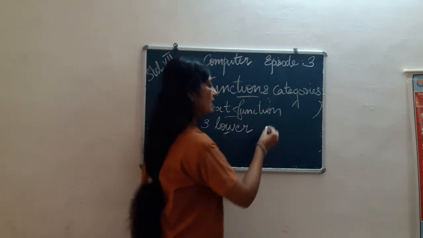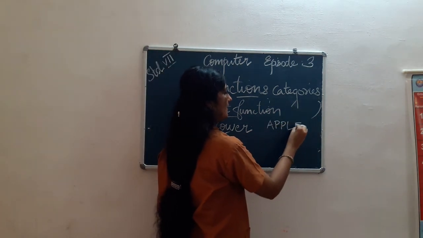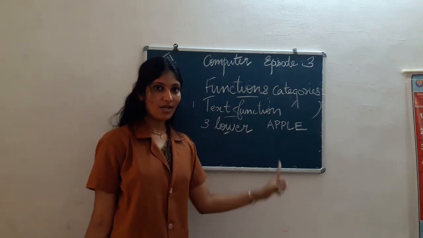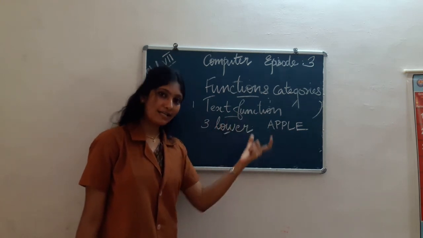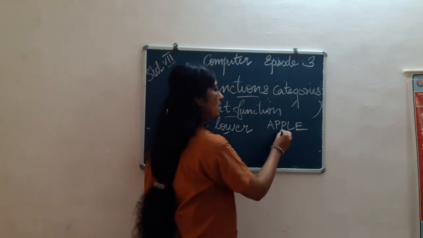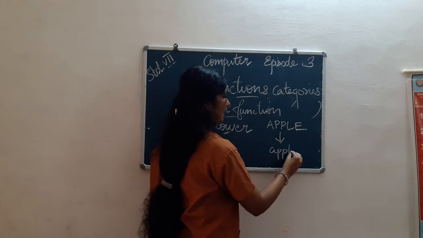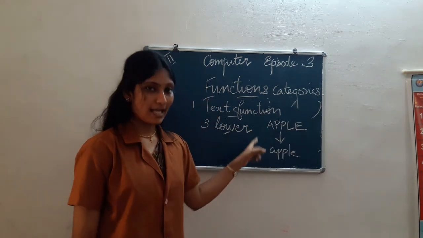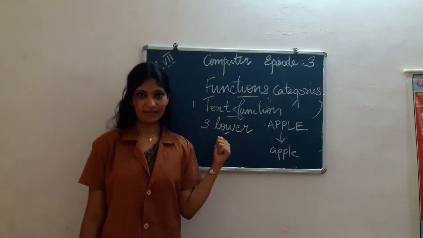For example, if we write the string in capital letters, APPLE, all the letters are uppercase, right? So here the lower function can convert the uppercase letters into lowercase letters. If you want to convert capital letters to small letters, you can use the function lower.